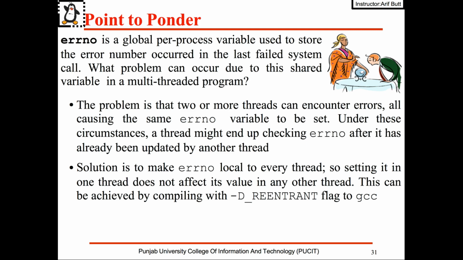And this can be achieved by compiling your code with the -D_REENTRANT flag. I have not done it so far, but please, whenever you compile a multi-threaded program, do give this flag to GCC. Other than creating a local errno for every thread, it has two more advantages.